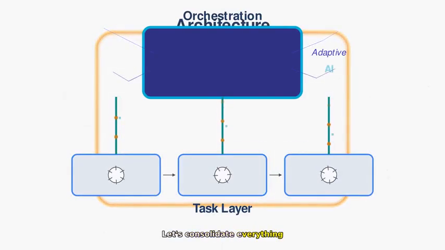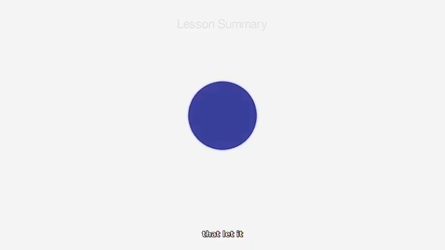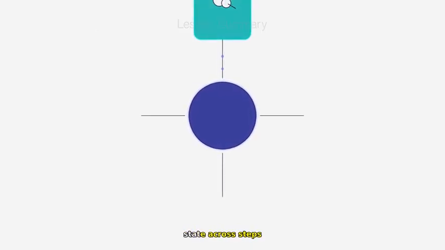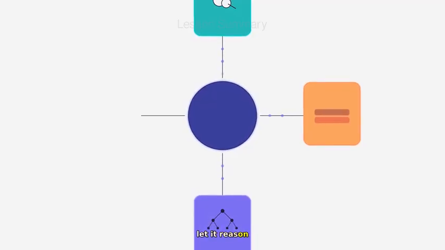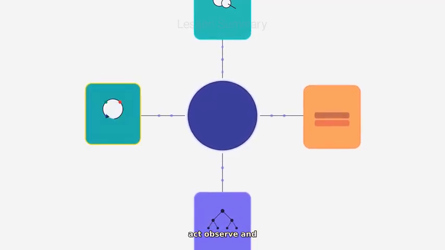Let's consolidate everything from this lesson. An AI agent is defined by 4 properties: tools that let it interact with the world, memory that lets it maintain state across steps, planning that lets it decompose goals into actions, and task loops that let it reason, act, observe, and iterate toward completion.